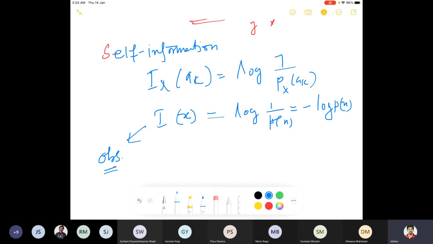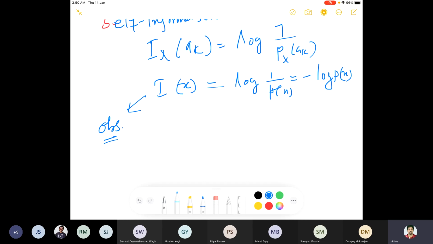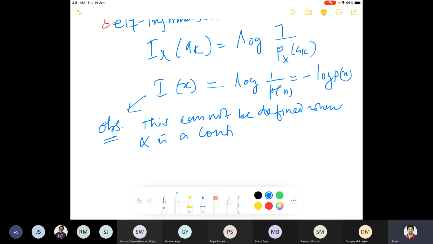So we'll not discuss the continuous random variable case, unless there is enough time.